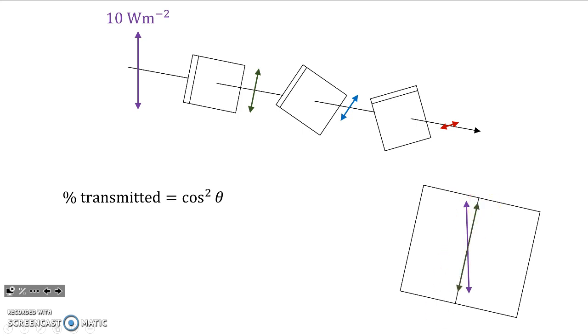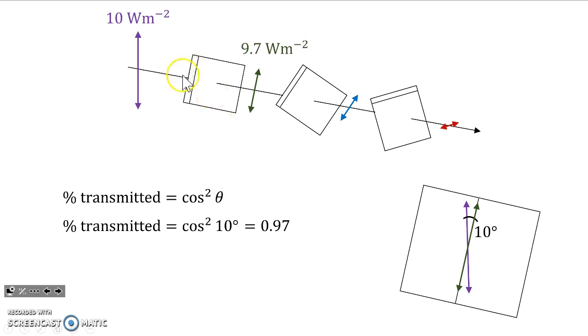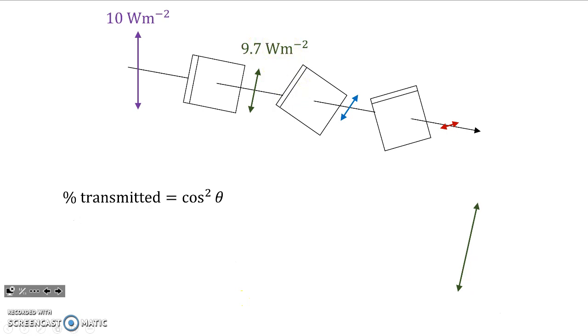The component is shown in green. We're going to make the angle 10. So the angle tells us how much gets through. If we take the cosine squared of 10, 97% of the 10 watts per meter squared get through. 0.97 of 10 gives us 9.7 watts per meter squared.